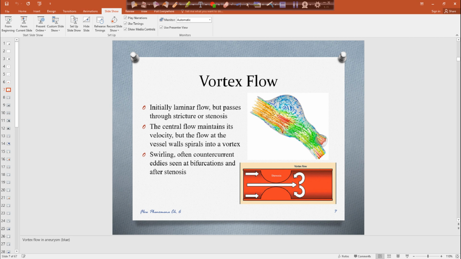It spirals into a vortex, or swirling, often countercurrent eddies seen at bifurcations and after stenosis. So this can happen at a stenosis, or near a bifurcation where the arteries split, or if you have what we call an aneurysm, an outpouching of the vessel, you get that vortex blood flow.